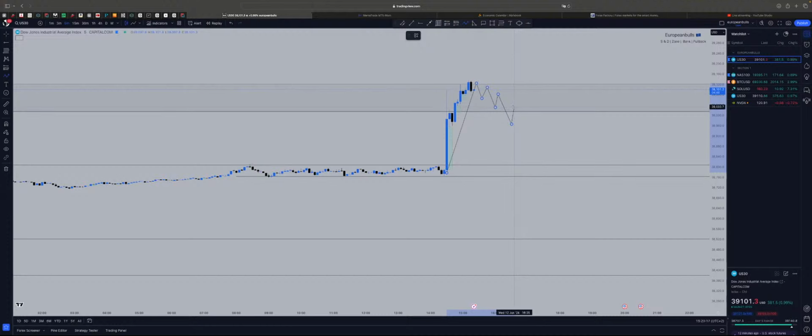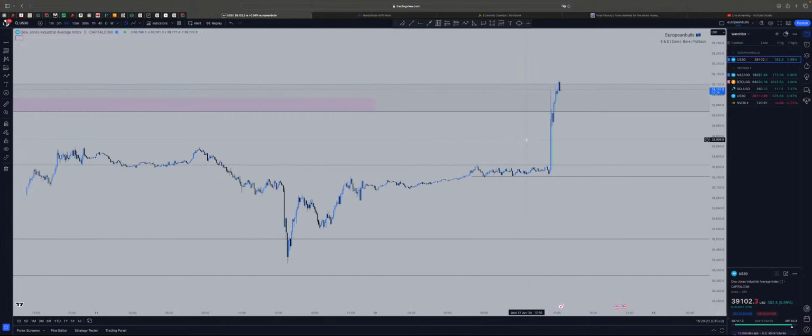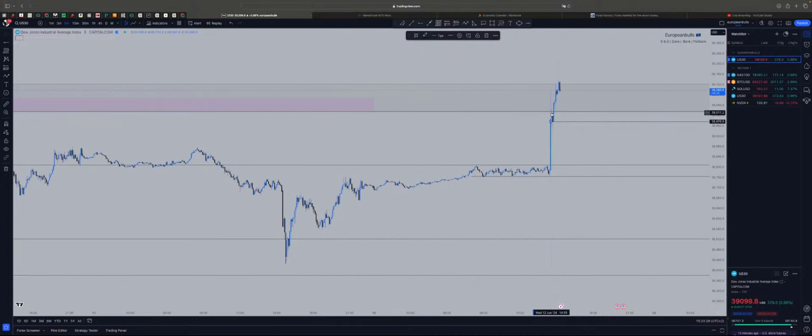But still I would not like to sell in here, not yet. Let's see what happens, because you can see in 5 minutes there is good support here and here. So I would just leave this as it is for now.